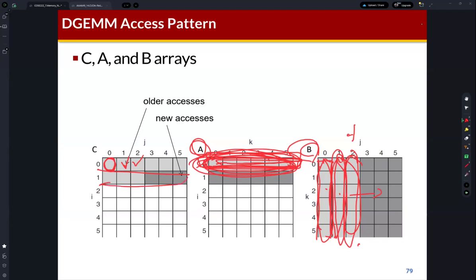In order to calculate the next row of the matrix C, we use this row of the matrix A, then columns of this matrix B are also used.